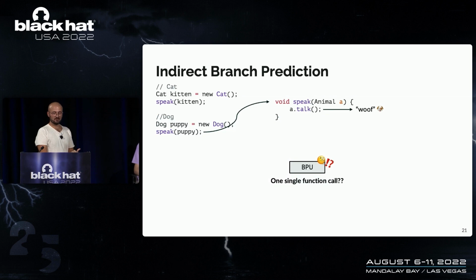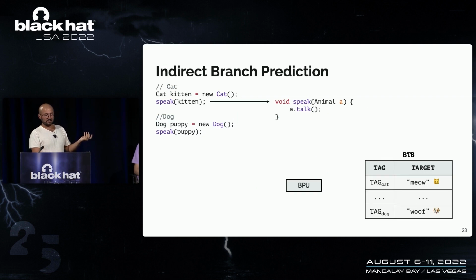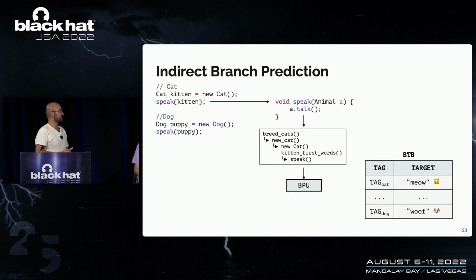So how does the BPU distinguish the two different contexts? And the answer is exactly this. The prediction needs to depend on the context of the function call. And what do we mean by that? With context, we simply mean the history of previously executed functions. So for instance, in this case, if you're coming from the cat class, you can expect that the previously executed functions would be something like a breedCat function that follows with a new cat and kitten.